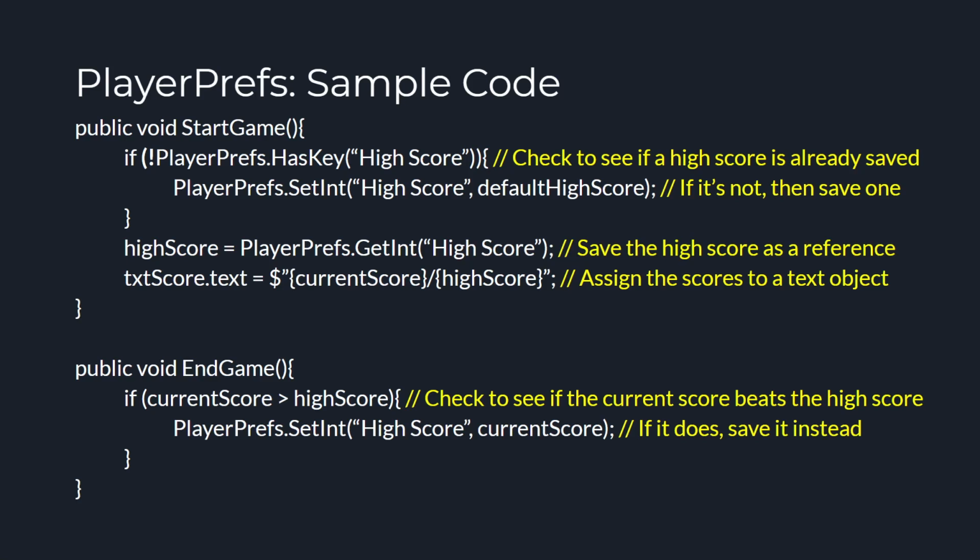So here's a bit of simple code. Typically, you have to have somewhere during the startup of the game where you get the high score value. And here's a bit of an over-specified, explicit way, checking first to see if a key exists.